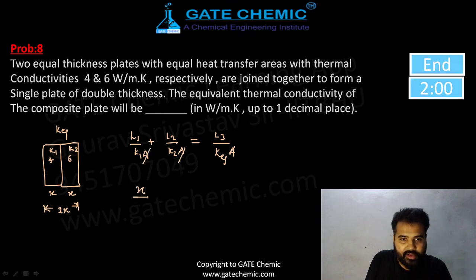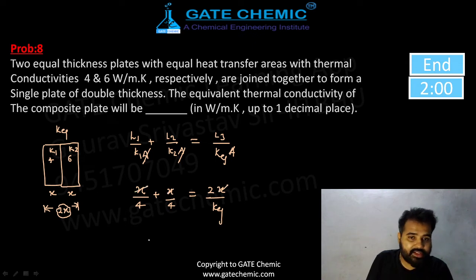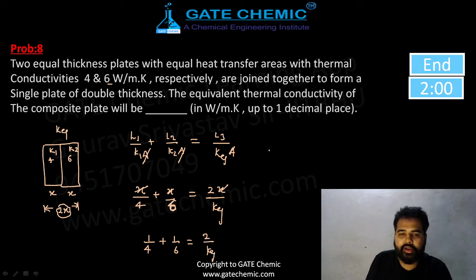L1 is x, K1 is 4, so x by 4; L3 in the equivalent case is 2x upon K equivalent. x cancelled. Sorry, K2 is 6, not 4. So you will get 1 by 4 plus 1 by 6 equals 2 by K equivalent, and after solving it you will get 4.8 watt per meter per Kelvin.